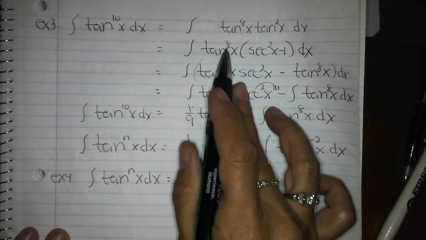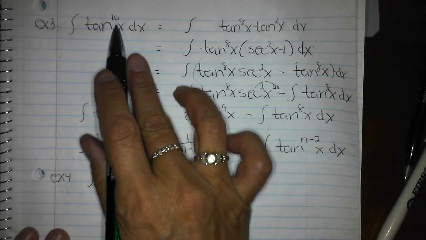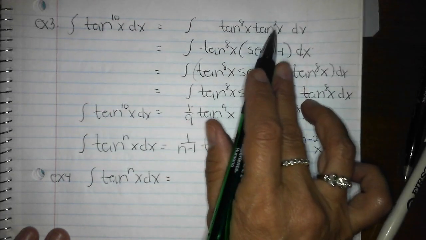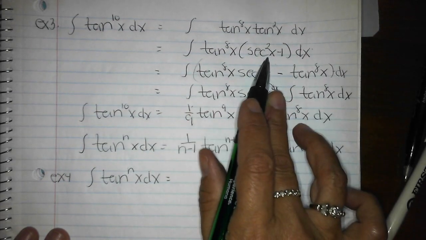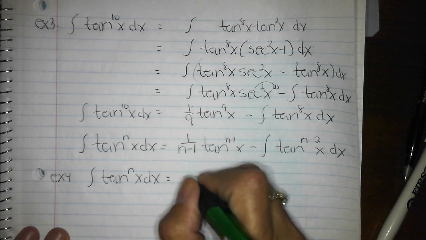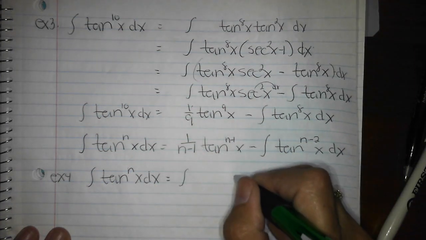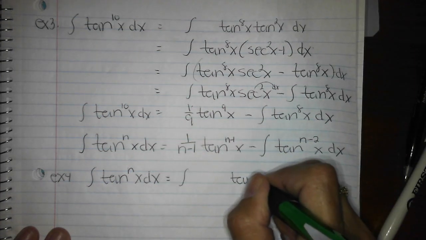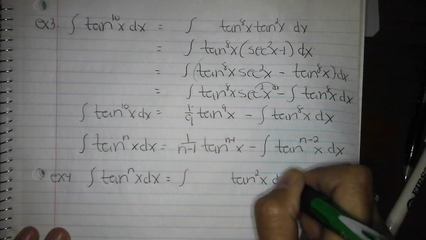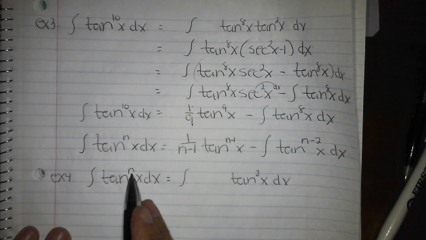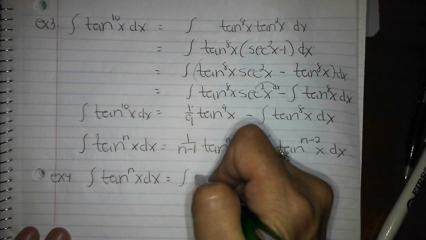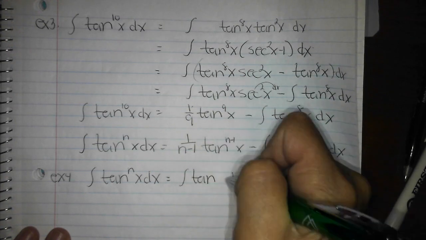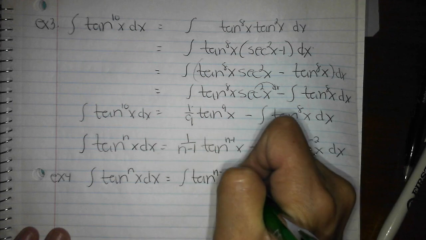Okay, looking at the first line, the first thing I did was I pulled off a tan squared so that I could do a Pythagorean identity on the next line. So if I pull off a tan squared, that means I have to reduce this by 2. So that will be tan to the n minus 2 x.